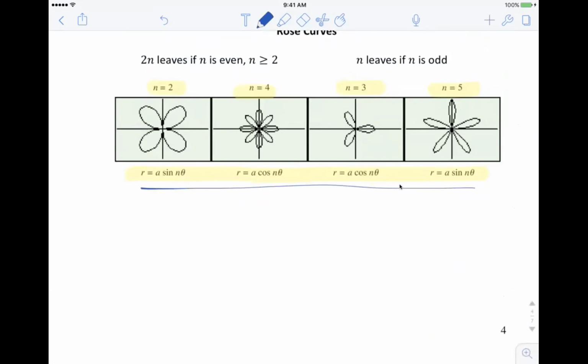But mine is the cosine version. And n is actually odd in this case. So there is one where n is 3, and I'm in my case. So I should expect to see that. 3 leaves, in that sort of pattern.